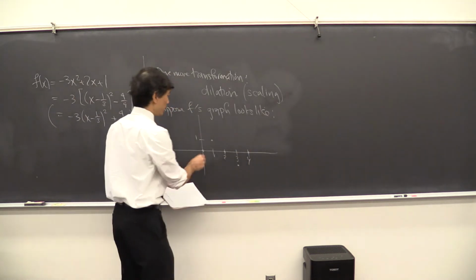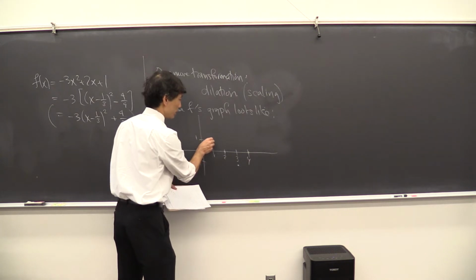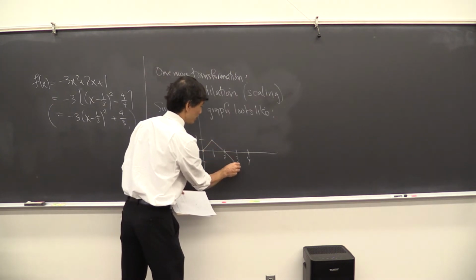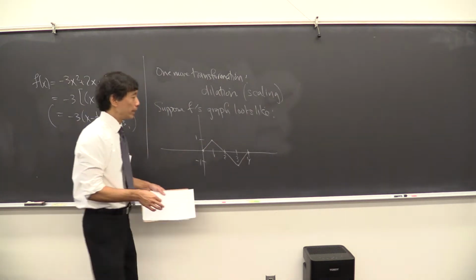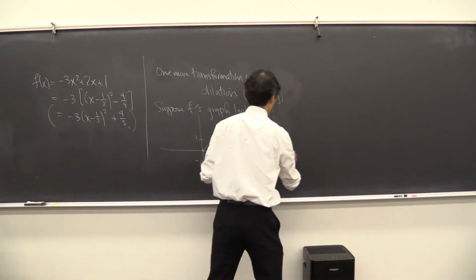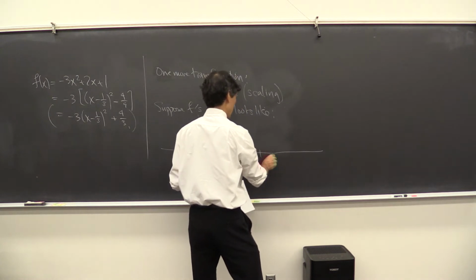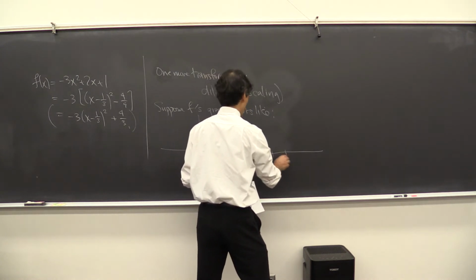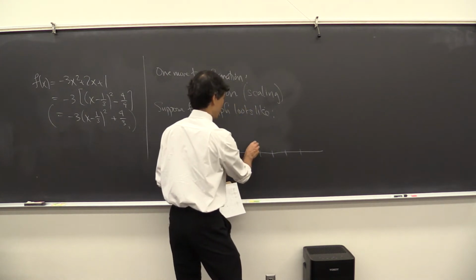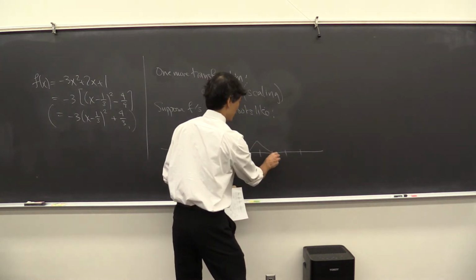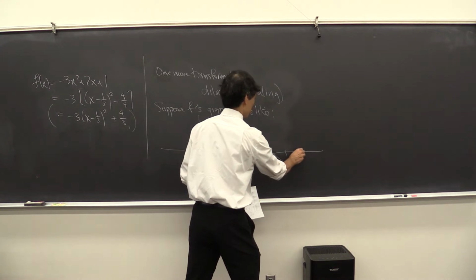So it looks like what's called a sawtooth graph. And from then on, it repeats. So it's what's called a periodic function. It has a period of repetition. From here, it does the same thing, comes up to 1, comes back to 0, down to negative 1, comes back up to 0, and so on.